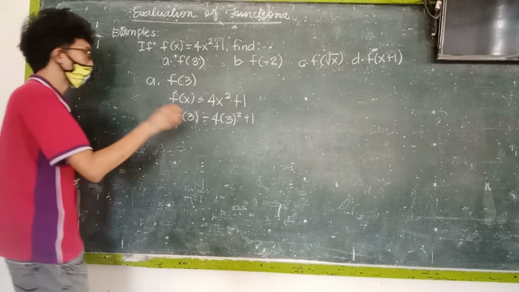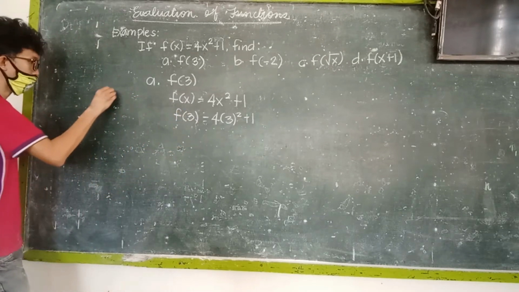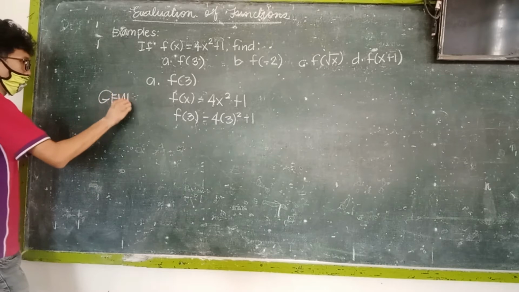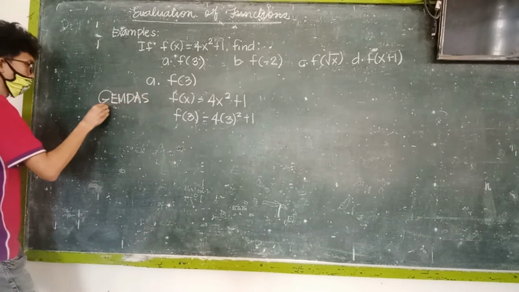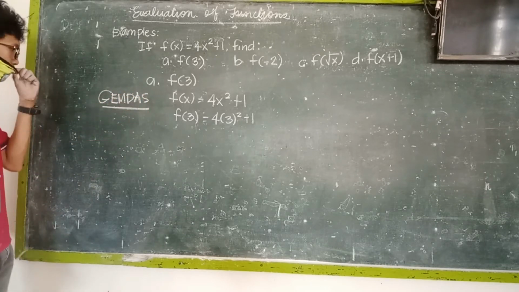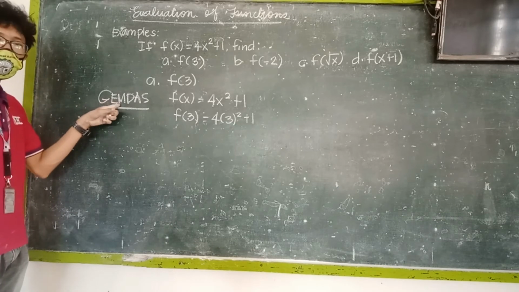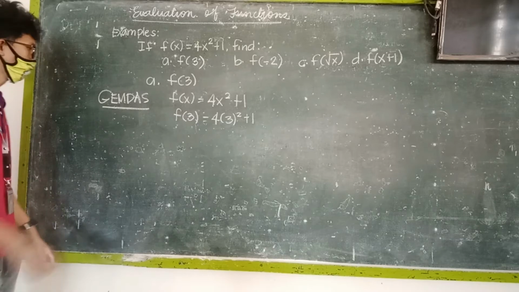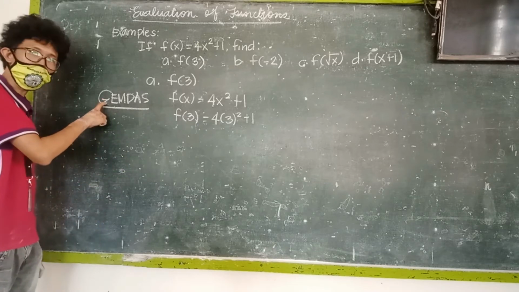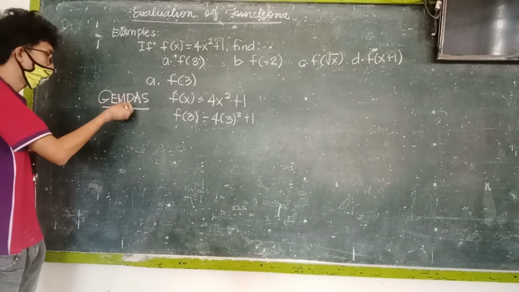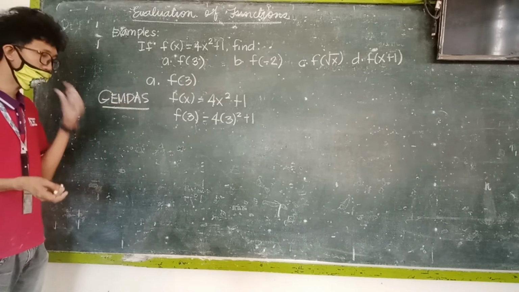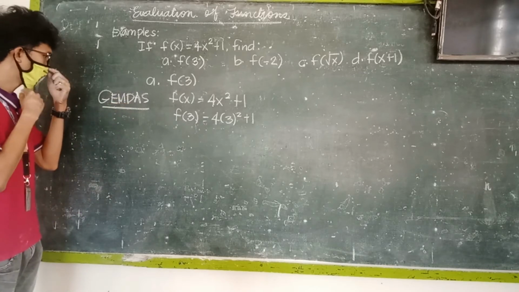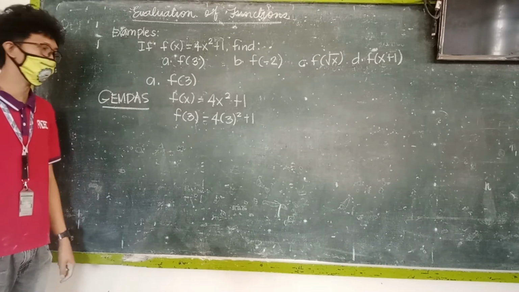By rule of GEMDAS, tatandaan natin ang rule ng GEMDAS. Grouping symbol, exponent, multiplication and or division, addition and or subtraction. Dapat mauuna ang grouping symbol, followed by the exponents, then interchange lang pwede sa multiplication at division, at saka ang addition and subtraction.